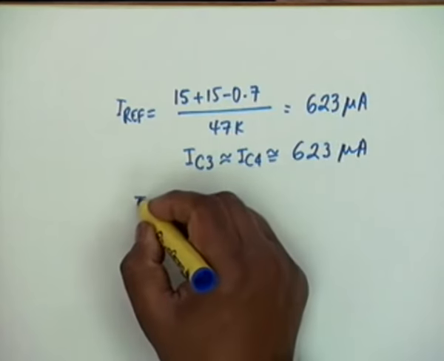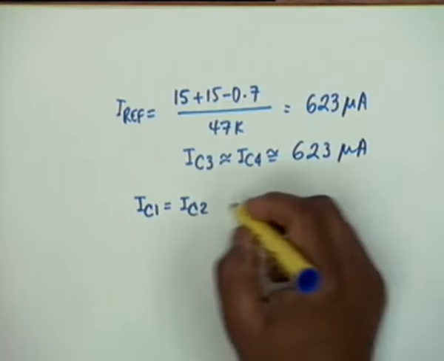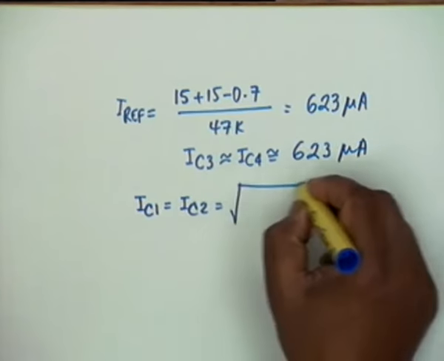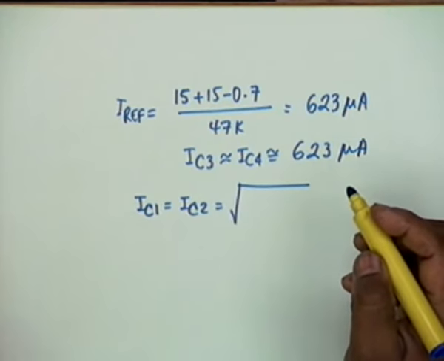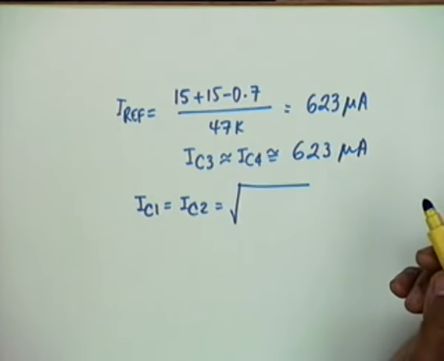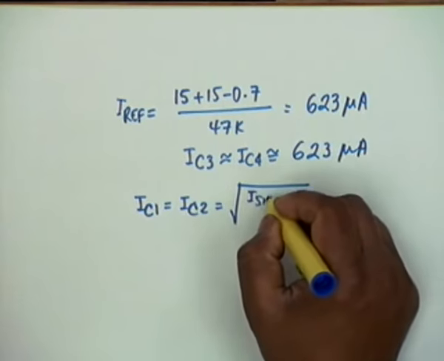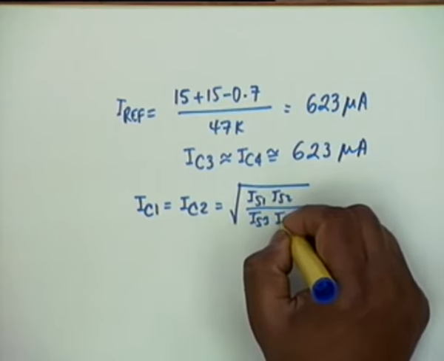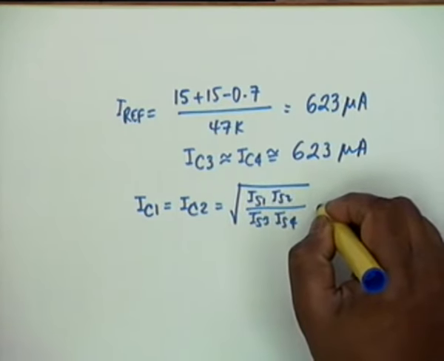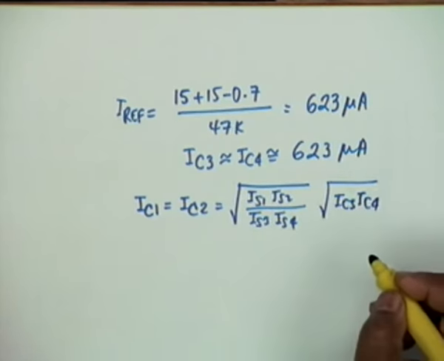Our point is to calculate IC1 and IC2, and that is square root of IS1, IS2, let me write it down, IS2 divided by IS3, IS4 multiplied by square root of IC3, IC4.